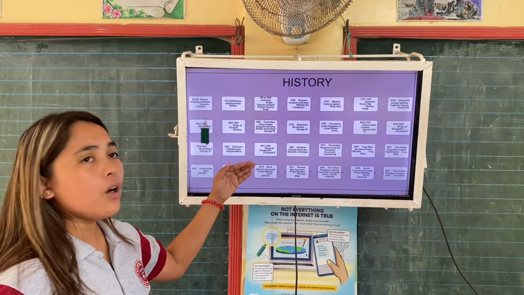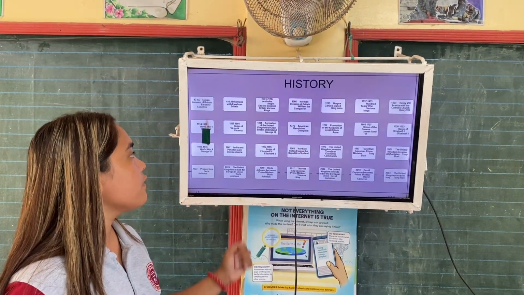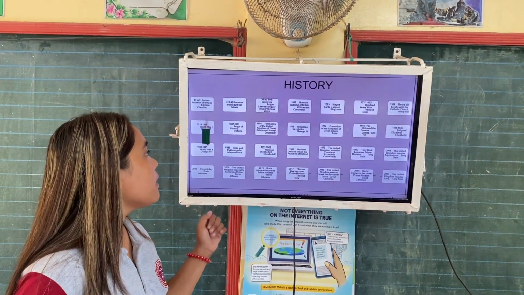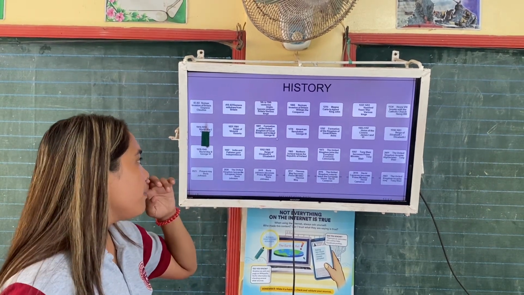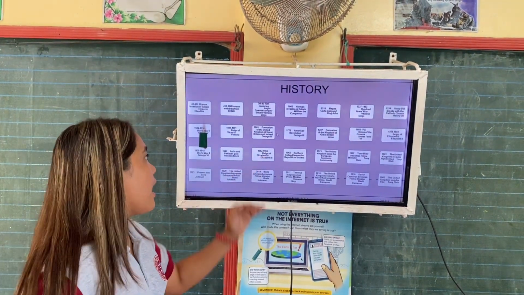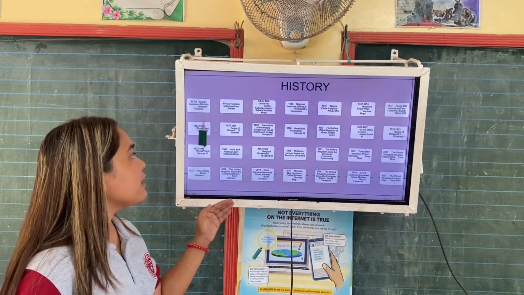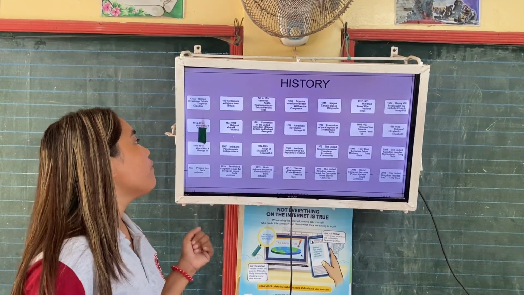And then 1801, the formation of the United Kingdom of Great Britain and Ireland, also under George III. And then 1837 to 1901, the reign of Victoria.